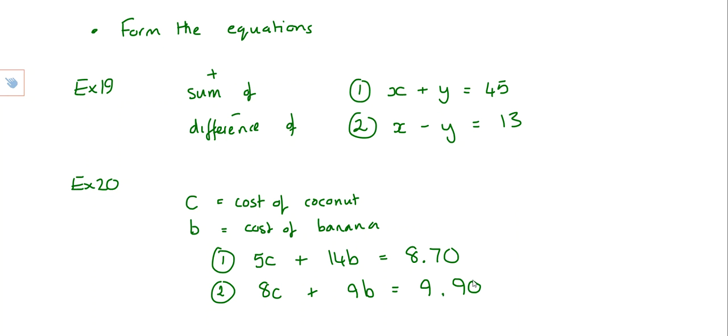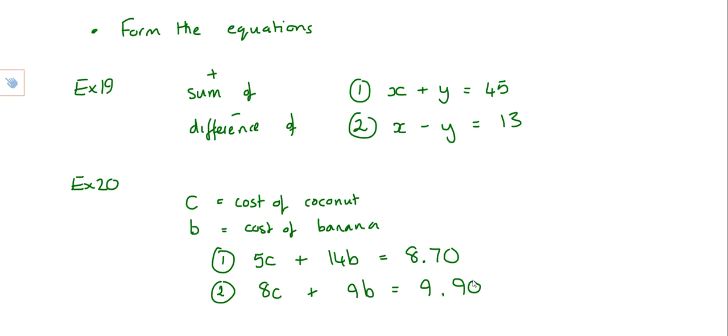Which method are we going to use? Elimination. What are we going to have to do? Not add yet. We're going to have to multiply first, aren't we? Multiply by. Why? Yeah, lowest common multiple. Whichever variable you're trying to eliminate, you're trying to find the lowest common multiple. I'm very happy you used correct mathematical terms there. Very good. So we find the lowest common multiple of 5C and 8C, or of 14B and 9B.